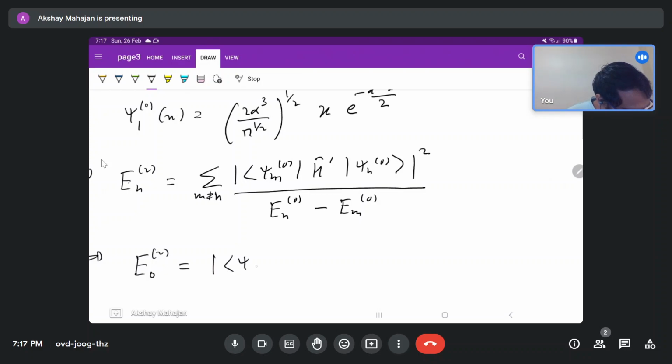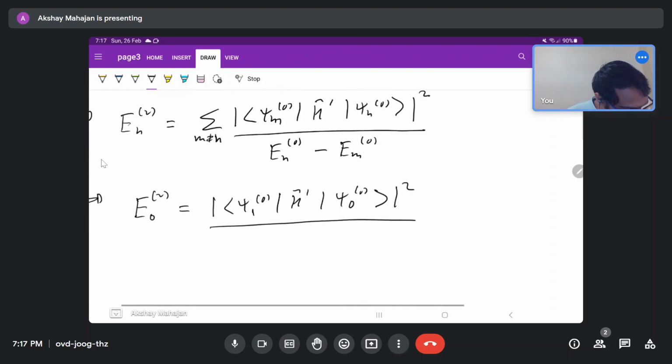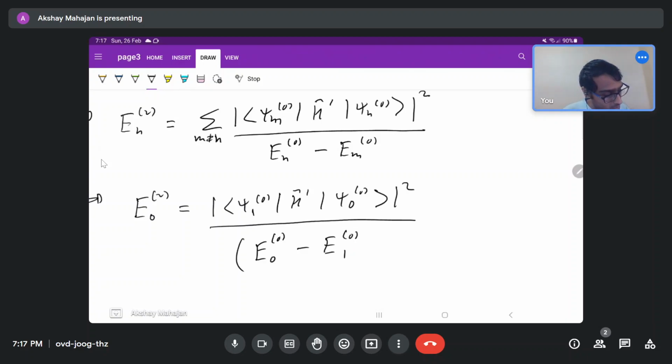So here we will have m equals 1: psi 1 of the 0th order, H cap prime, psi 0 of the 0th order, whole square, divided by E 0 of the ground state minus E 1 of the 0th order. This is what we have to solve.